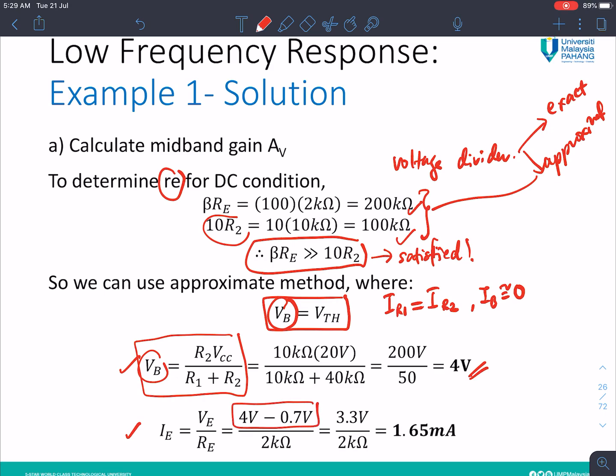VBE is VB minus VE, so VE equals VB minus VBE. So this is VB minus VBE, and we get VE. So you find IE.